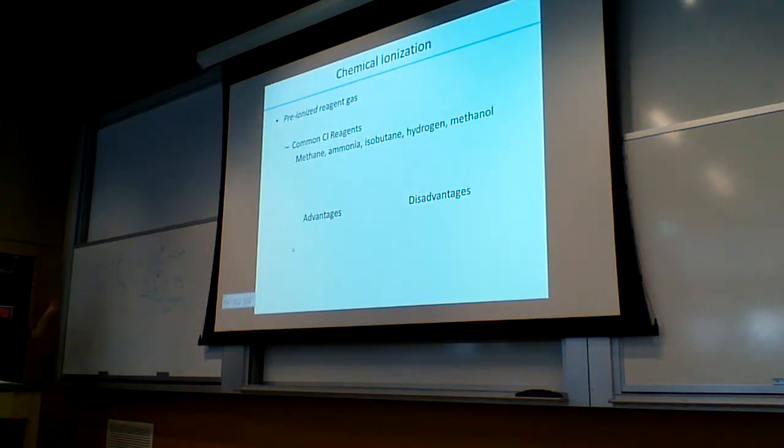That pre-ionized reagent gas is what is going to then be shot through the sample of our molecules coming through, and the molecule that we're analyzing, our M, is going to react with the ammonium.